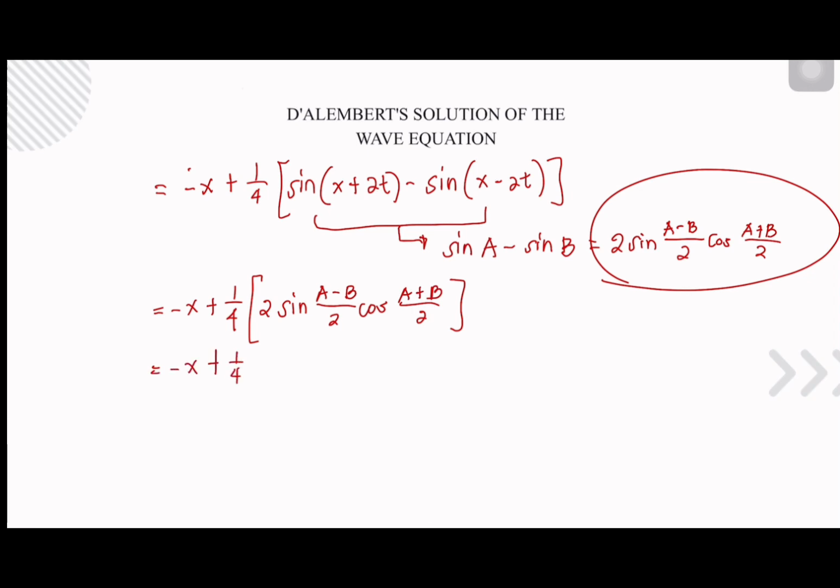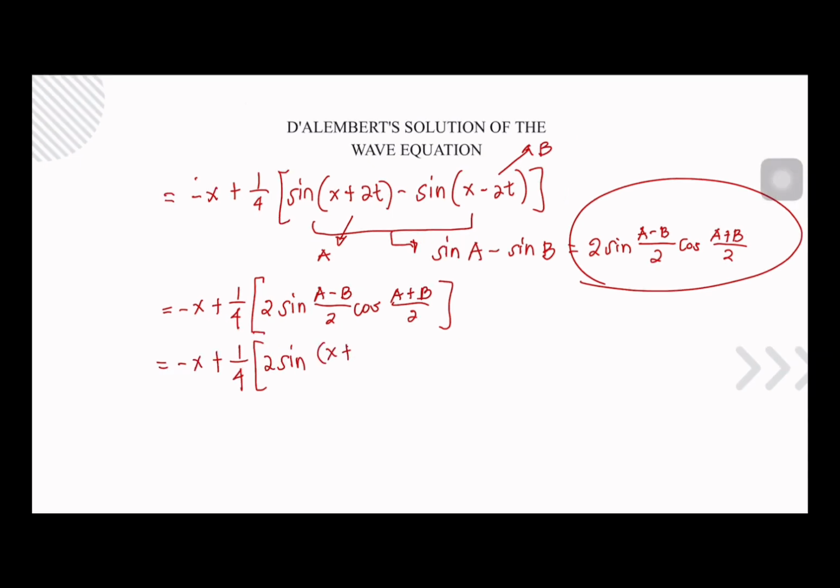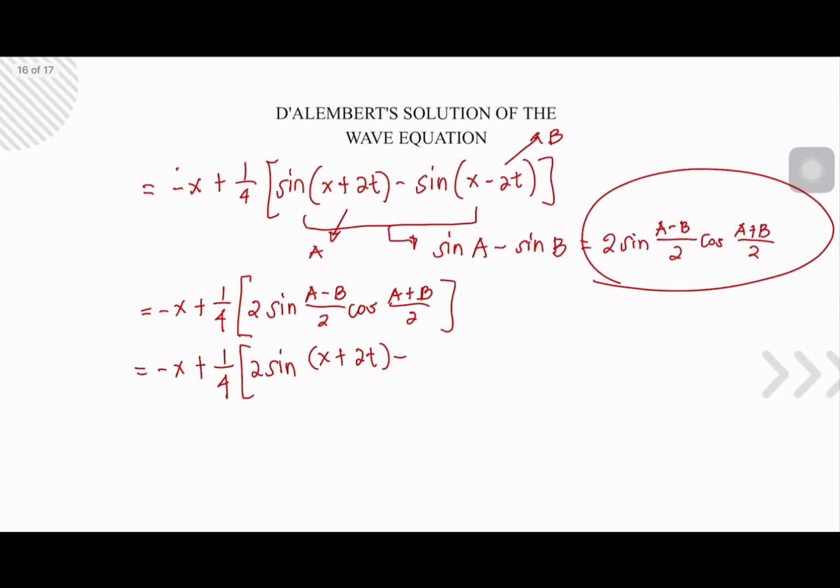Negative x plus 1/4 of 2 sine, this function is A, so substitute it, and this function is B. x plus 2t minus x minus 2t all over 2, cos, x plus 2t plus x minus 2t all over 2.